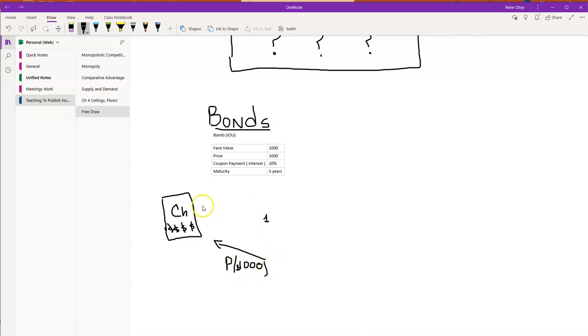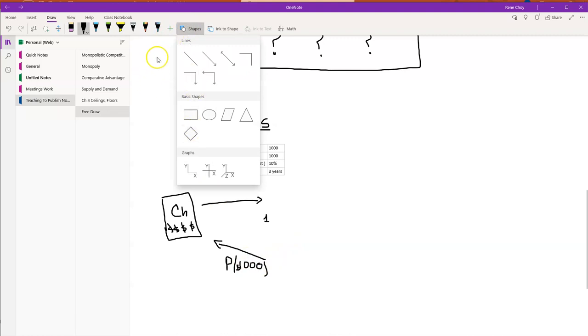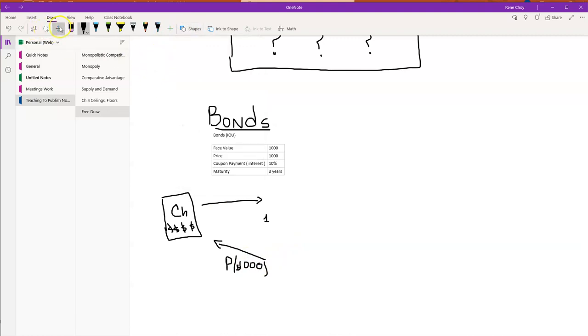All right, now you own this security that makes payments to you. So on the first day when you get the bond, you just gave me $1,000. All right, so now how do you get your money back?